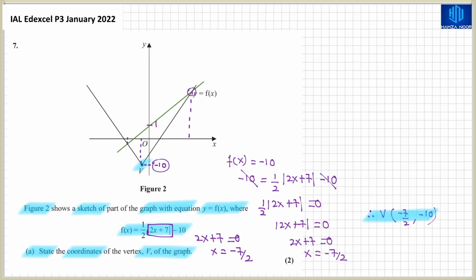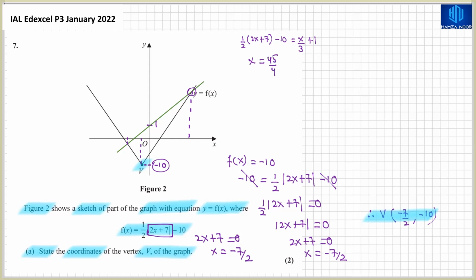So in this case, half multiplied by 2x plus 7 minus 10 will be equals to x over 3 plus 1. Since the slope of the modulus graph will be positive, I have mentioned 2x plus 7. If you solve this equation, you will get x is equals to 45 over 4.